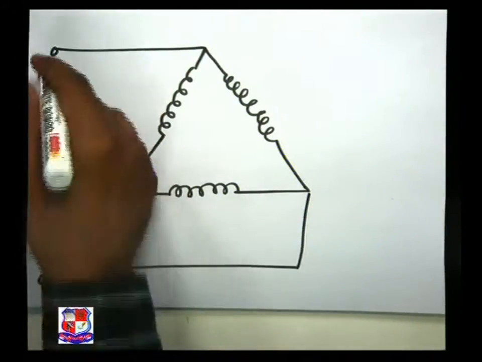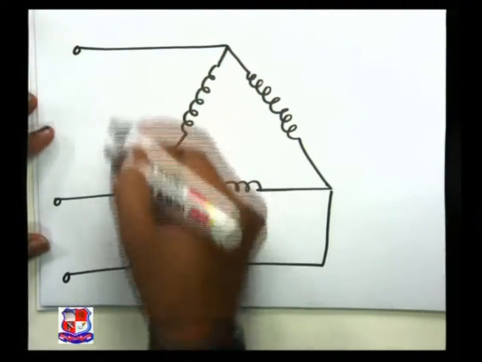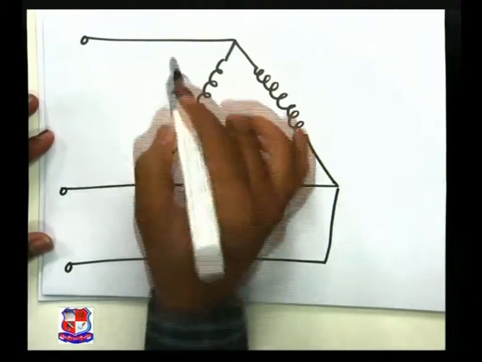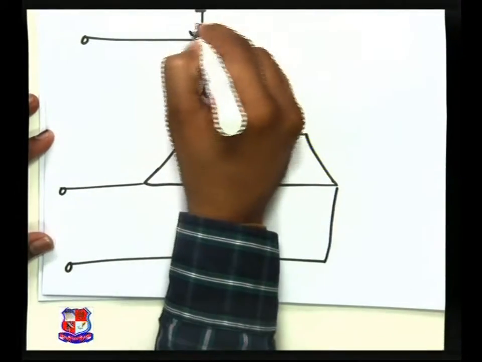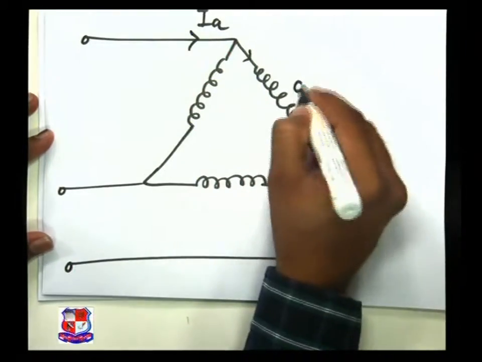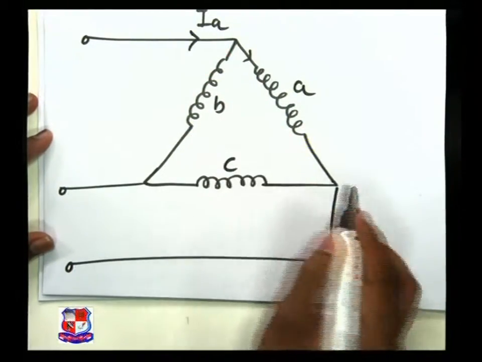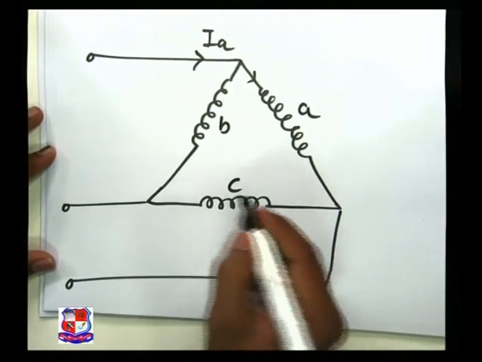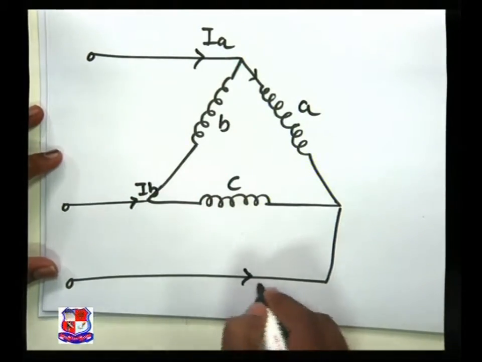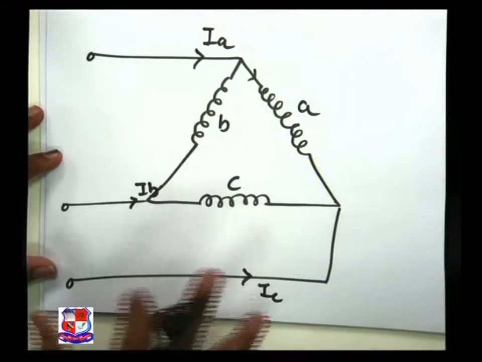So these are the three lines, line 1, line 2 and line 3, and here you are giving the supply. So what is the line current? This is called the line current IA passing through here. Suppose these are A, B and C, these are the phases. Now here your current is IB and here your current is IC. So these are the line currents.